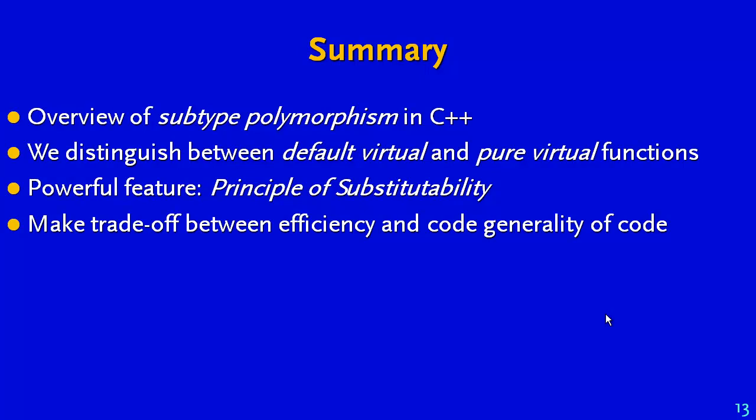We distinguish between default virtual functions and pure virtual functions. A powerful feature is the principle of substitutability. It means the following: if you've got a function which expects the address of a base class, you can always call the function with an object of a derived class because of the polymorphic functions.